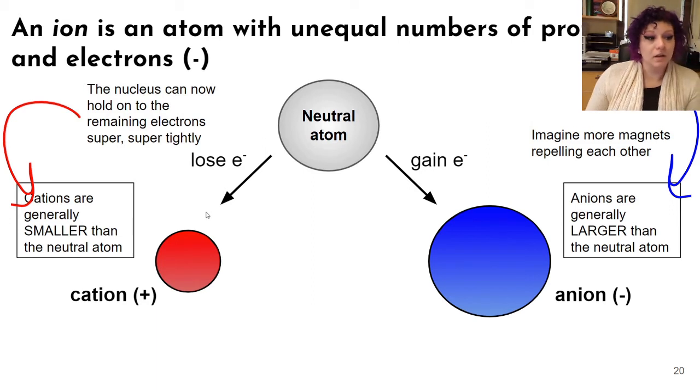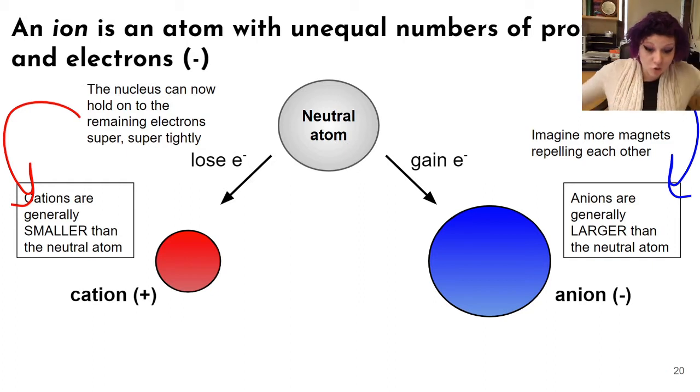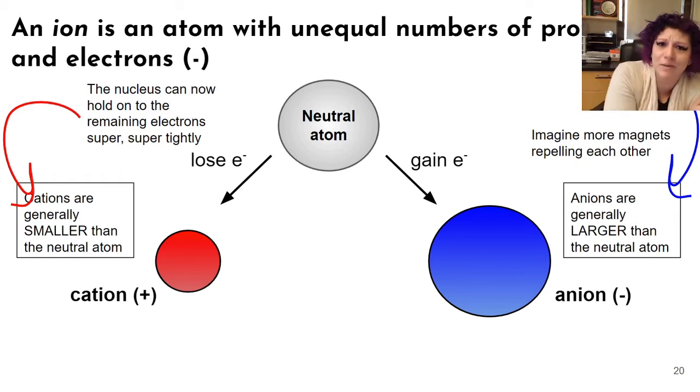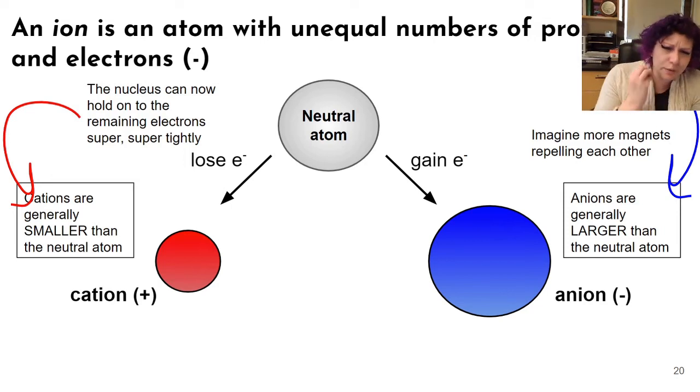So cations are generally smaller because if we pick off an electron from the outer regions, right, that nucleus, those protons, are going to try to grab those remaining electrons and just really, really hold them tight, really hug them tight. They don't want to give up even more electrons. They're going to hug those remaining electrons really, really tight, and it's actually going to get smaller.